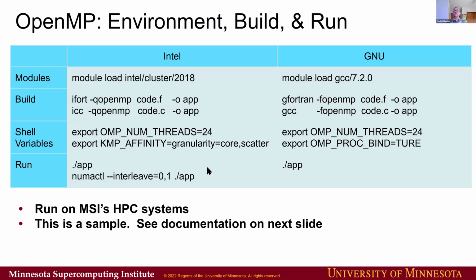And then at runtime, you finally run the application. And with the Intel compiler, you can nuance your run environment for how you assign threads to cores in a rich variety of ways. This is no more than a taste of what you have available.